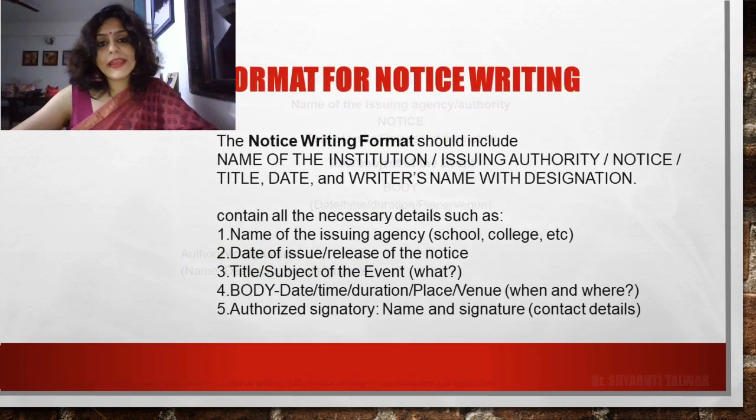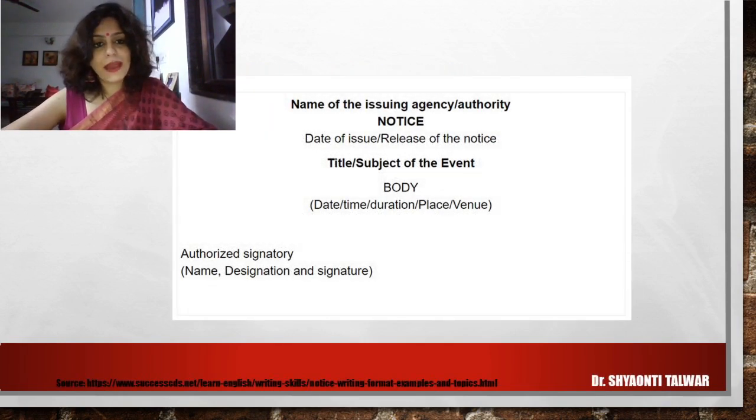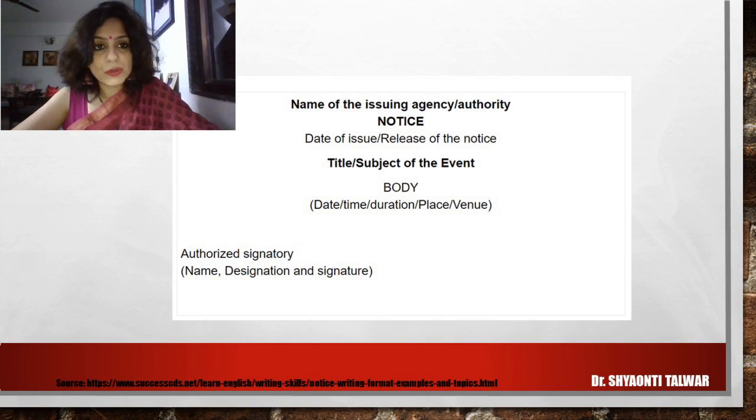Now we were looking at this format, if you remember, and we had a good look at all these elements which should be a part of a notice. And here now you have the template. So this is ideally what your notice should look like if you're given a notice writing assignment.